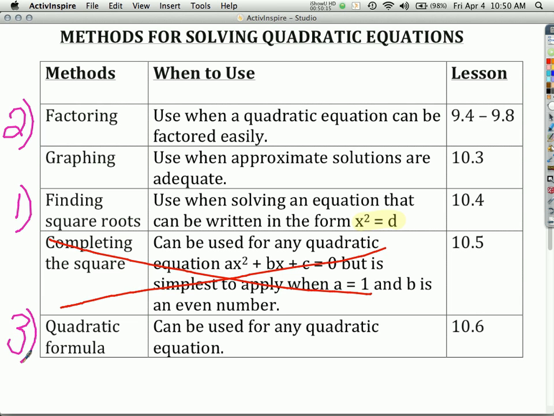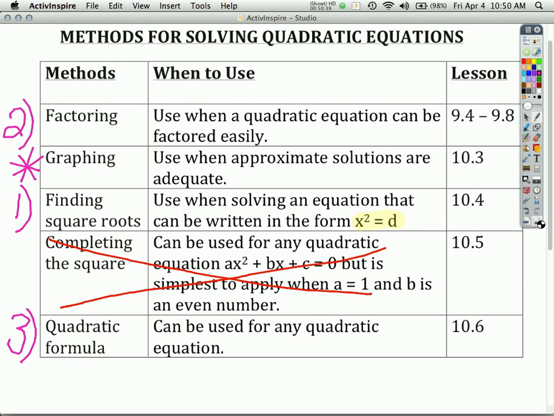You have to know how to do graphing, but if all I'm asking you to do is tell me solutions, it's not practical. If I'm asking for a solution or a root, then you should do finding square roots, factoring, and then the quadratic formula in that order. Does anyone have any questions?